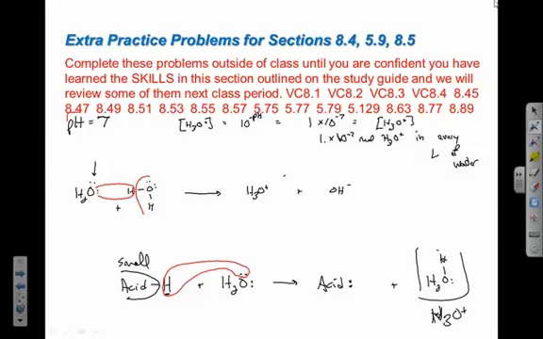So there's always some amount of these in solution. If I produce them in a 1-to-1 ratio, and I produce 1 times 10 to the negative 7th moles per liter of one, I will also produce 1 times 10 to the negative 7th moles per liter of the other. Right, so those are the standard concentrations of H3O+ and OH- in pure water at room temperature. That's why I have a pH of 7.